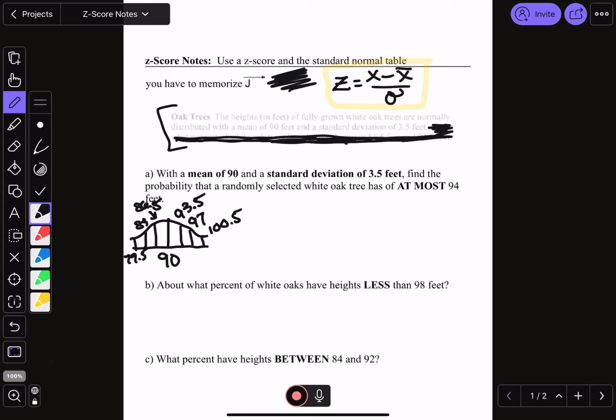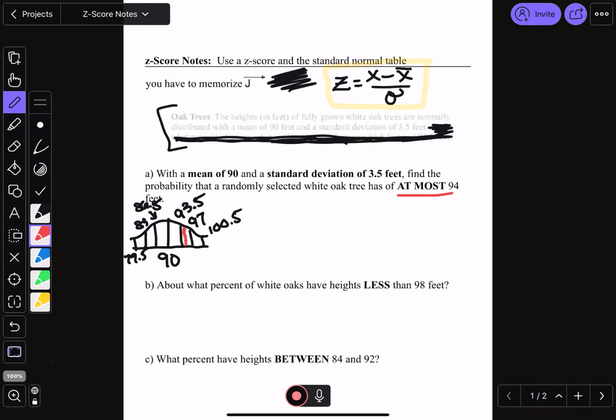Now, it says find the probability that a randomly selected white oak tree is at most 94 feet. I do not have 94 on my table, okay? I know that it's somewhere between 93.5 and 97, but I cannot just guess. We're going to have to use that z-table now.